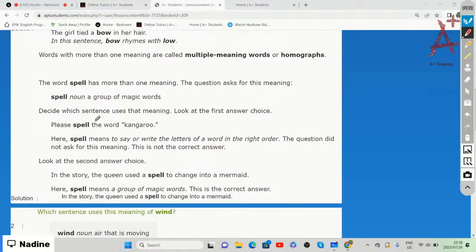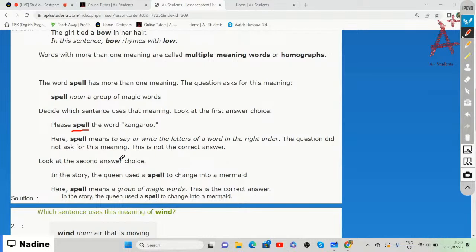The best example would be you being in class and your teacher asking you to spell certain words, right? So spell a word that starts with a B for ball.